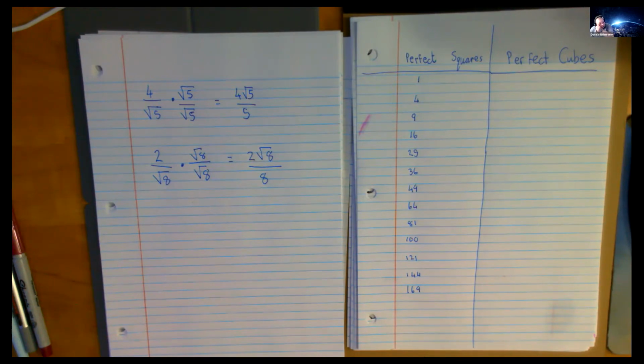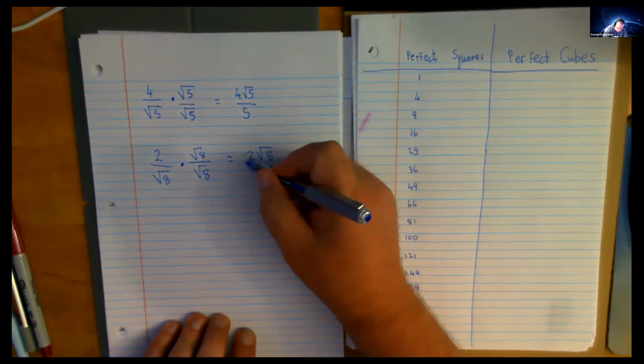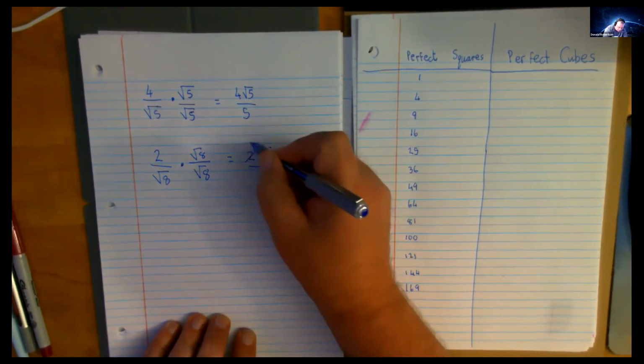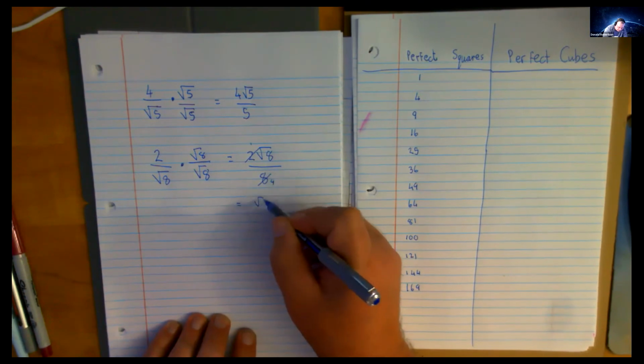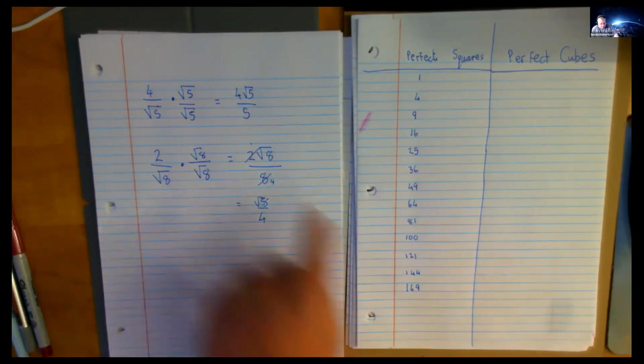Now, shouldn't we always simplify fractions and square roots until you can do no more? Right now, if I didn't worry about the square root of 8, couldn't I divide these two and get the square root of 8 over 4? Right? Top and bottom, right?